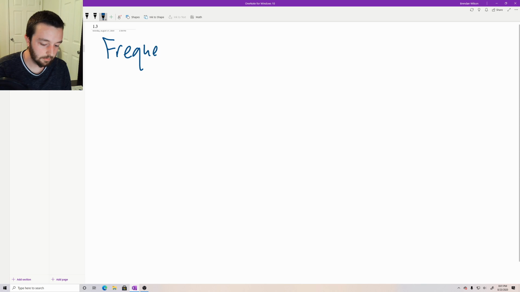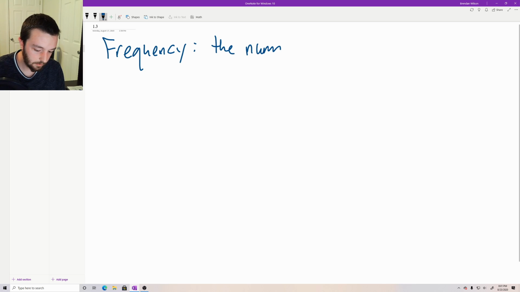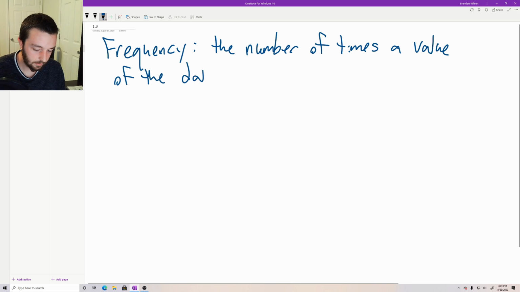So the frequency of something, it's exactly what it sounds like. It's how frequent is this particular thing. Okay. Let me get the book's word for word definition here. Frequency is the number of times a value of the data occurs.